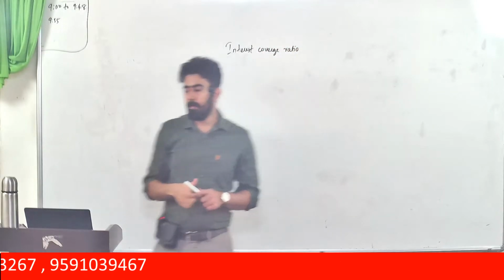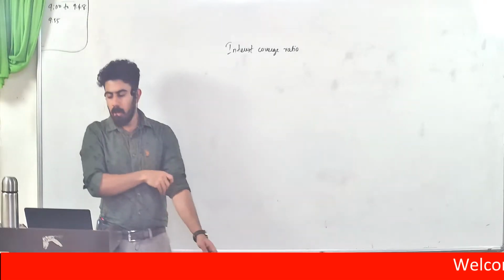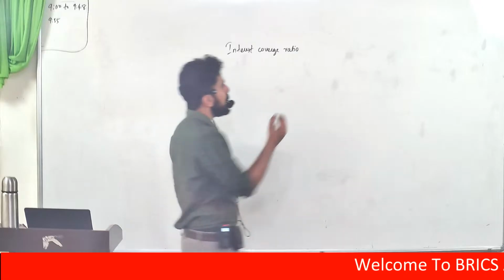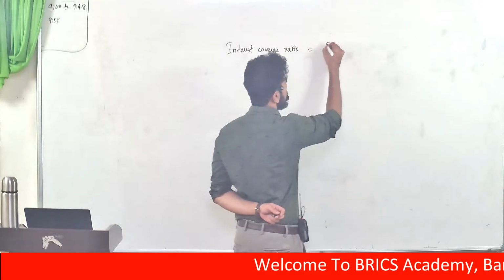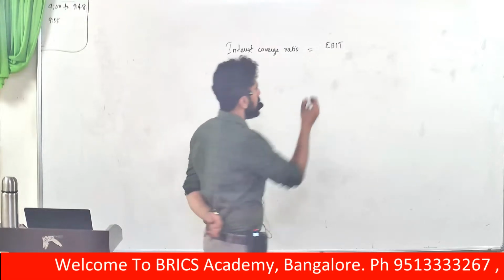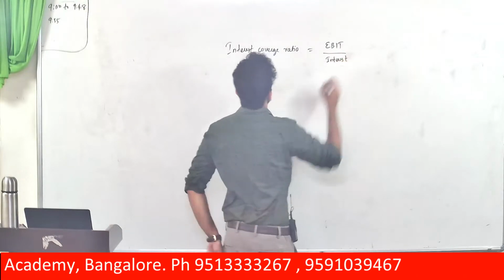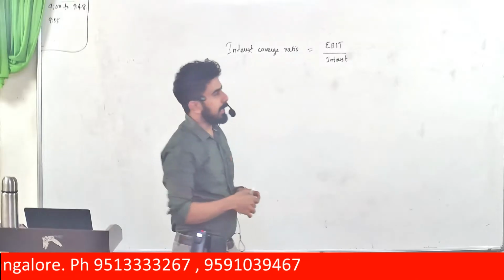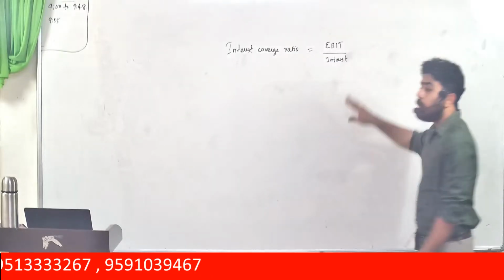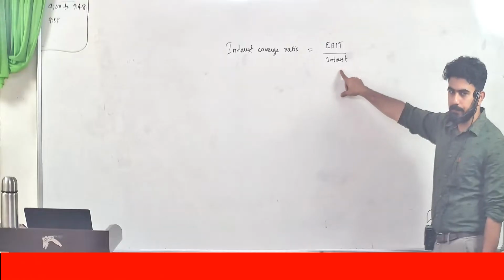Interest coverage. Debentures, you will pay interest from which amount? EBIT. You will pay from EBIT divided by interest. So interest coverage ratio basically tells us how many times EBIT you have to meet the interest.